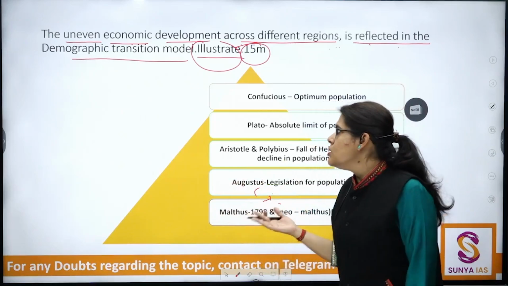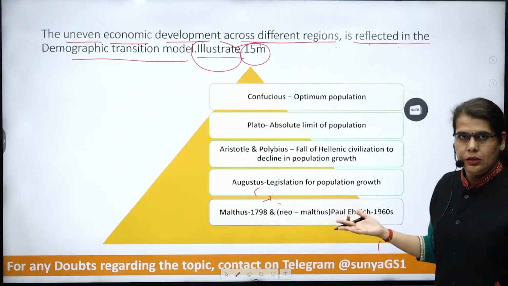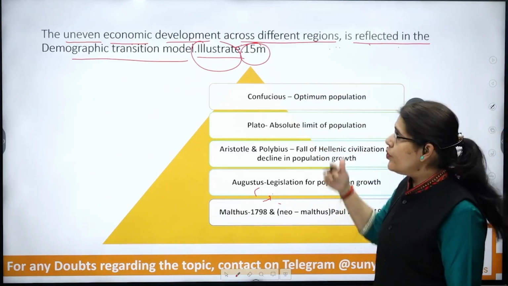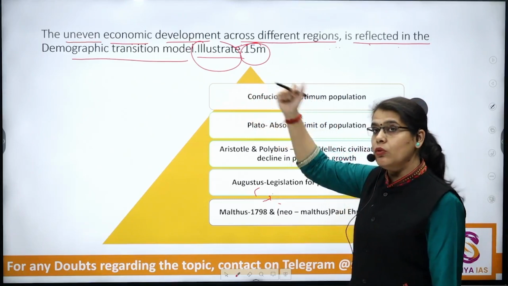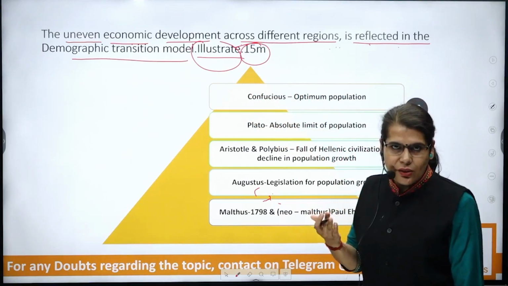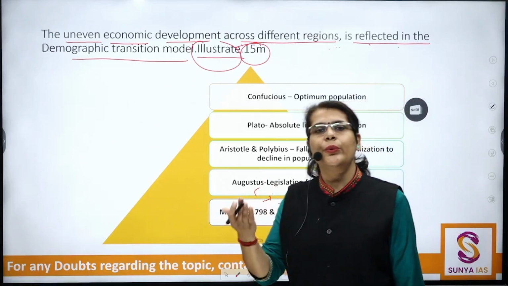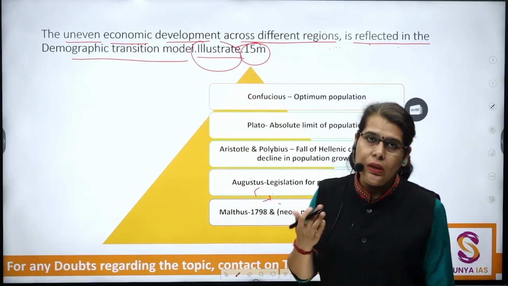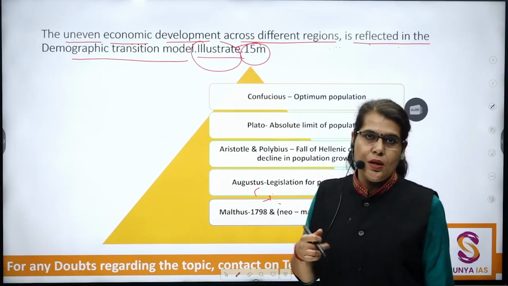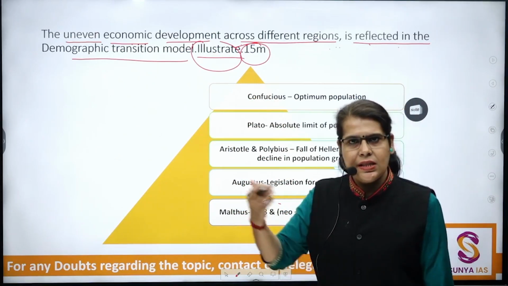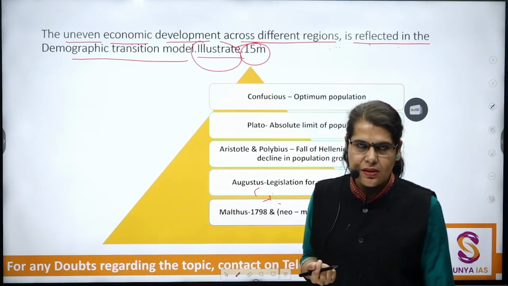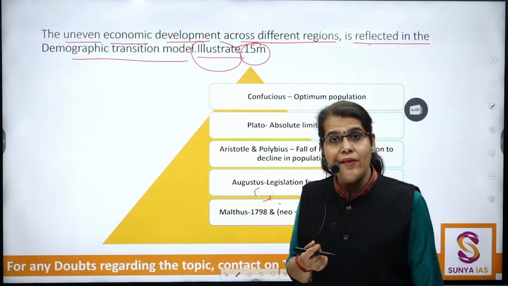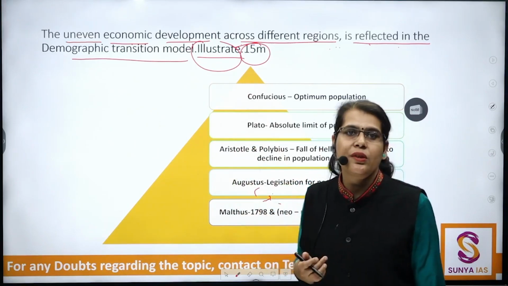So when we talk about population growth and demographic transition, this is not a concept which has been talked about only in recent times. From the Greeks and the Romans, moving towards the medieval and more recent time periods, population growth and demographic transitions have had some reference.